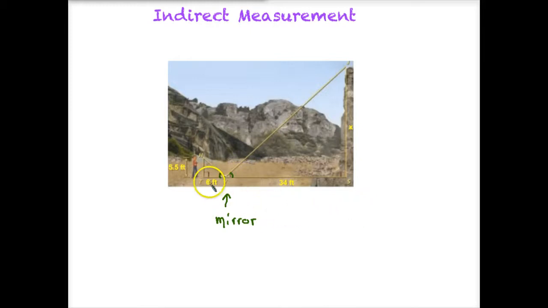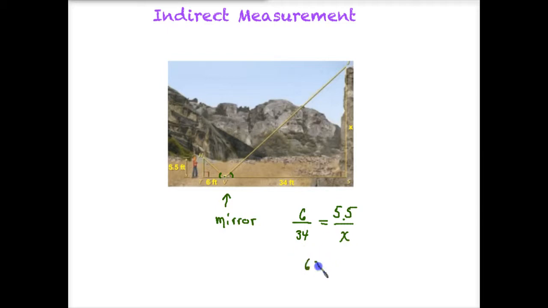We can take 6 feet, which is the distance from the man to the mirror, and compare it to 34 feet, which is the distance from the mirror to the canyon wall. And there's our ratio, or our proportion, that we're going to set equal to the height of the man over x, the height of the canyon wall.